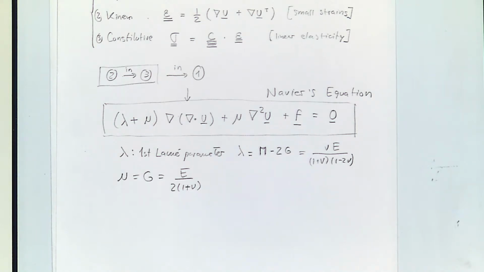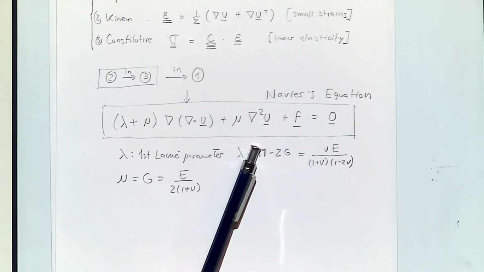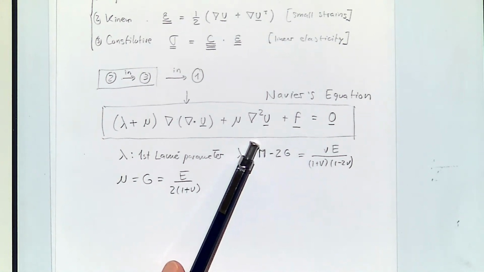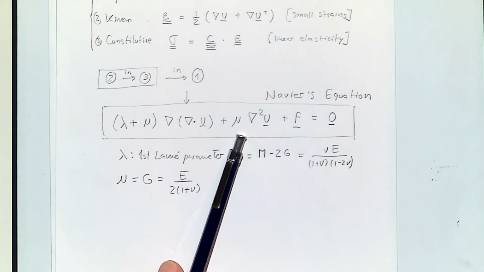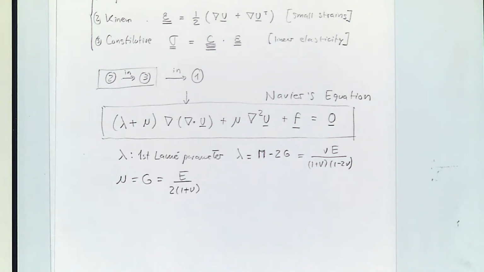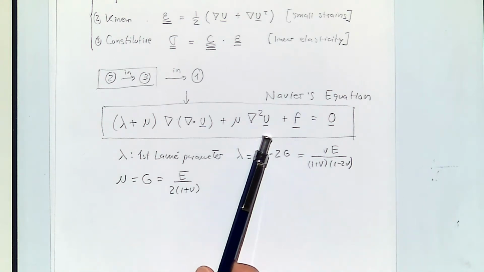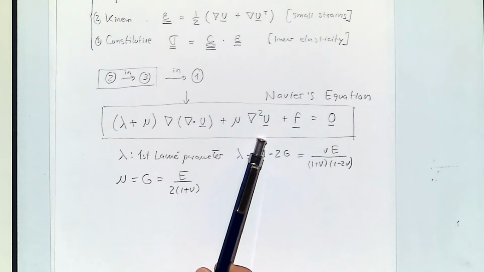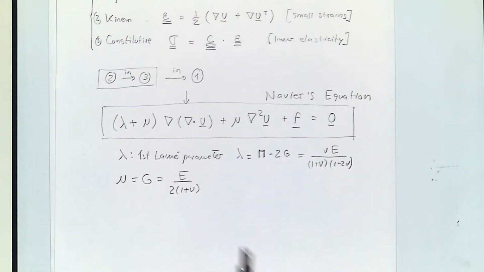If I want to solve a problem of continuum mechanics with linear elasticity, this is what I have to solve. For those of you that are more familiar with reservoir simulation, in reservoir simulation you solve for pressure. That's your unknown. In mechanics, you solve for displacements. That's going to be our unknown. But basically, you just have to solve this differential equation. Okay?